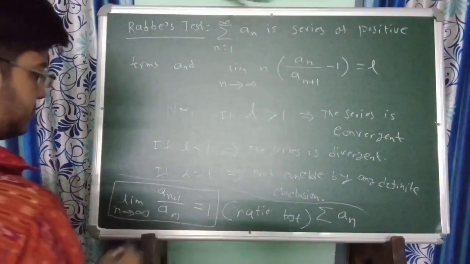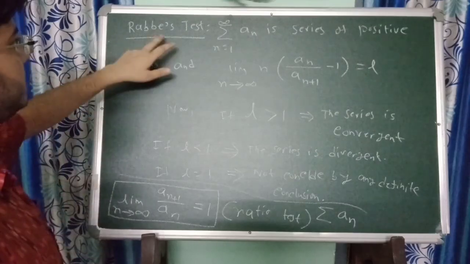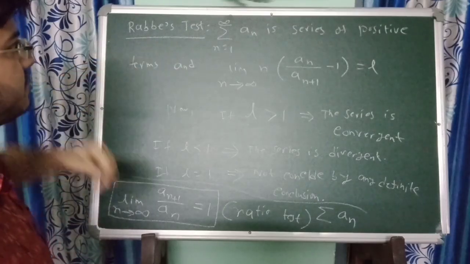When we get 1 in the ratio test, then the test fails, and we use Raabe's test. This is the statement of Raabe's test.